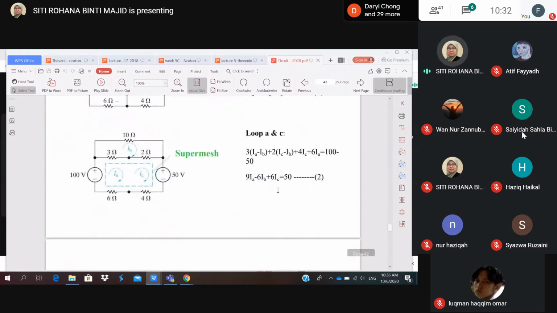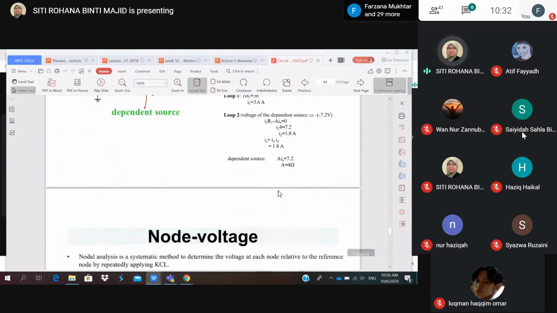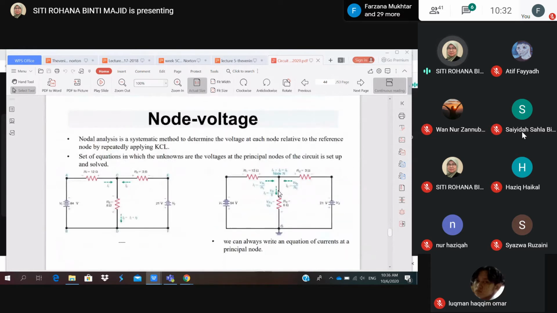So we go to node voltage. Actually, this is quite a simple technique, but the difficulty of this technique is how to determine the higher voltage and the lower voltage. In other words, it is difficult to identify whether V2 comes first or V1 comes first.